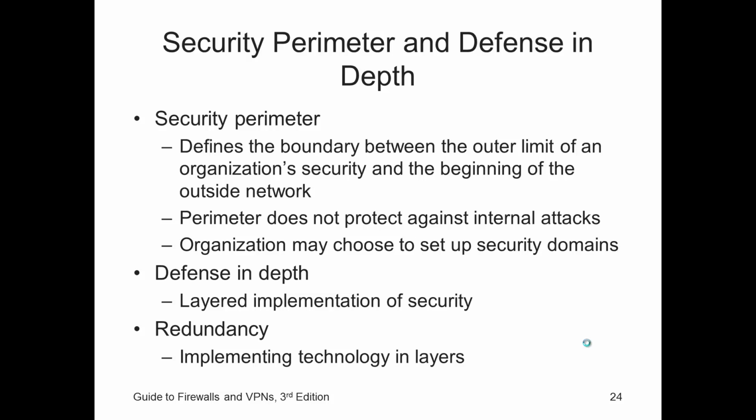There are some who feel that defense in depth, in other words, putting multiple types of defensive controls in place within the organization, is a waste of time. And so they feel like we don't really need to do that.